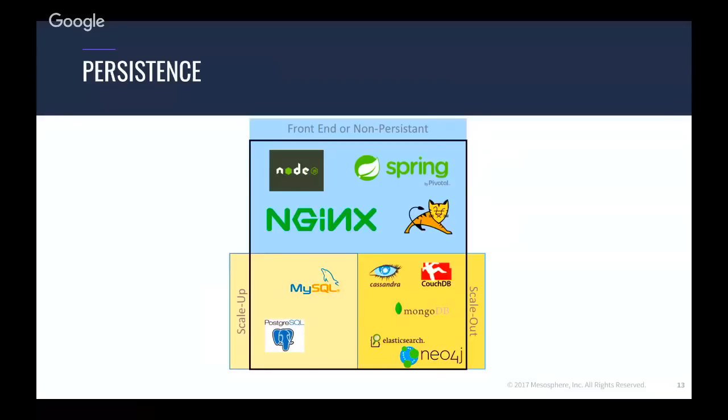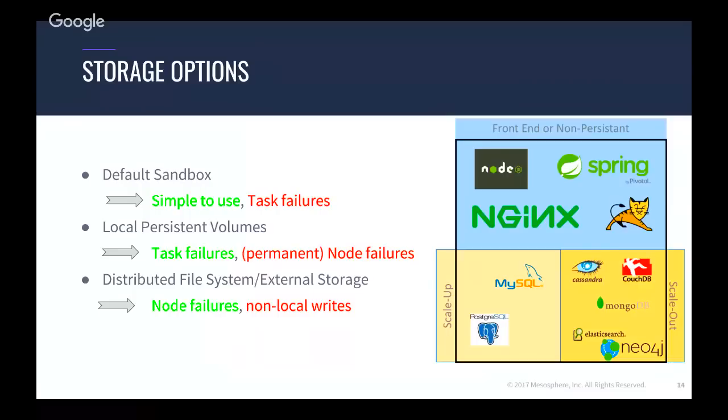And for these three kinds of applications, Mesos offers three kinds of storage options. For stateless applications like Nginx or a servlet container, you get the default sandbox. When the task or the container fails, the data on the box gets garbage collected after a short period of time.